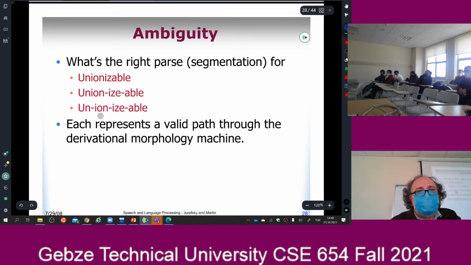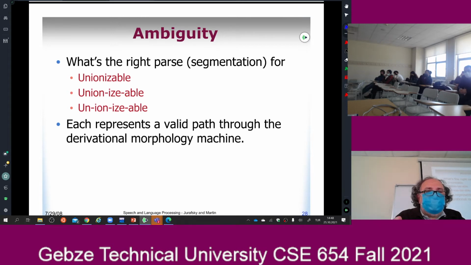Anion, ion, anion. We don't mean to say this is something you put in front of nouns, right? Can you give me an example? Undone, for example. Done, undone, okay? So it is unionizable. There is no such word as anion, but the rules are allowing it.